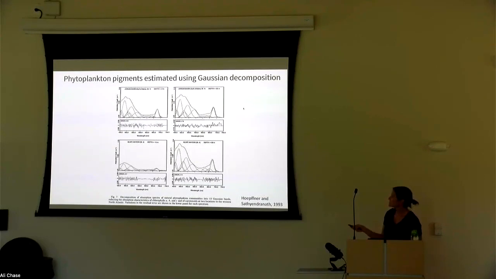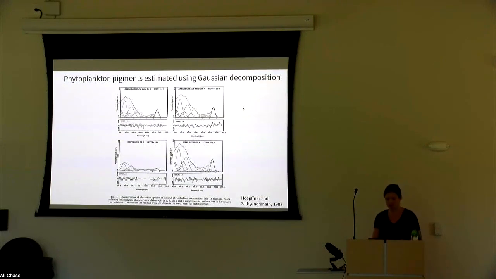And they assigned the center peak locations of these Gaussian functions to wavelengths that are the known local maxima absorption of the different chlorophylls. And they found that it worked quite well.